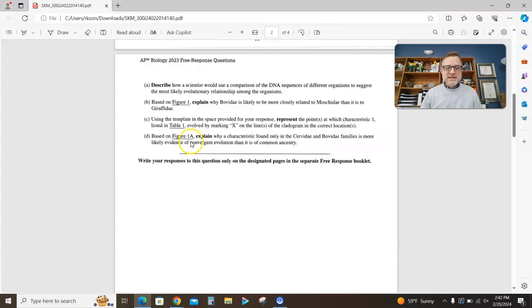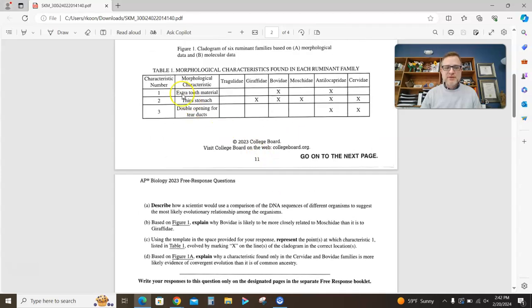All right, part C, using the template and the space provided for your response, represent the point at which characteristic 1 listed in Table 1 evolved by marking an X on the lines of the cladogram in the correct locations. Characteristic 1, extra tooth material: only Bovidae and Antilocapridae have it.